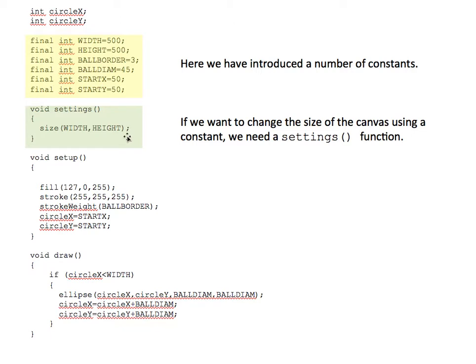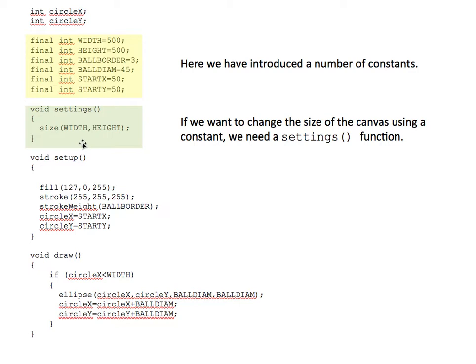So if we want to use constants, or indeed variables, to change the canvas size, we need to use an additional pre-supplied function called settings to do that. If we want to use raw values, then we can just do that in setup. But if we want to use variables and constants, then we need to use the settings function, which is again pre-supplied with Processing.